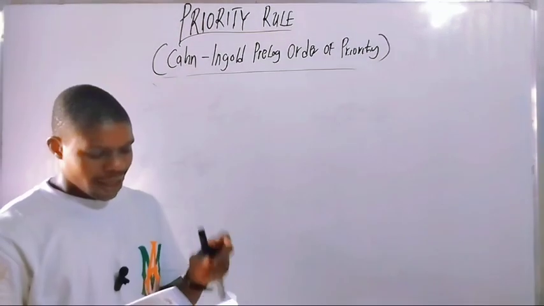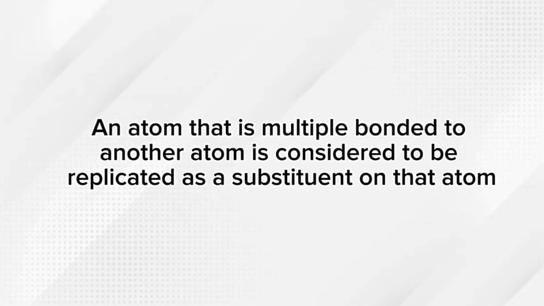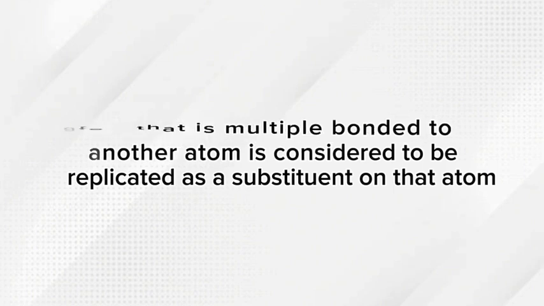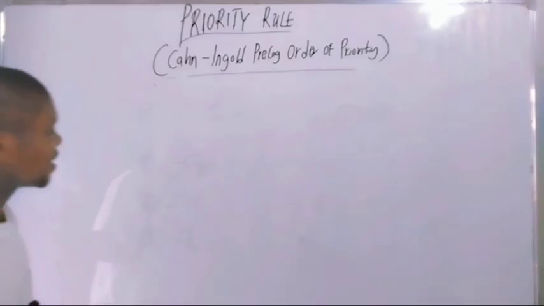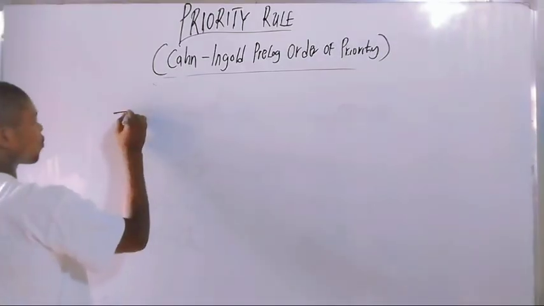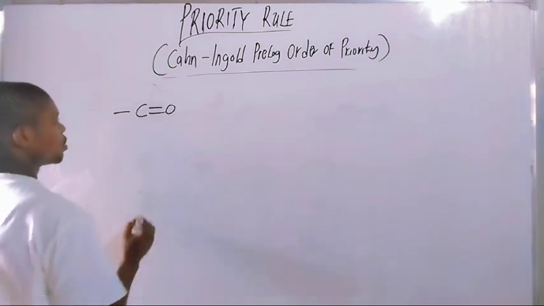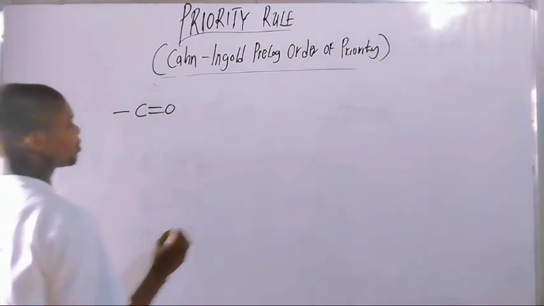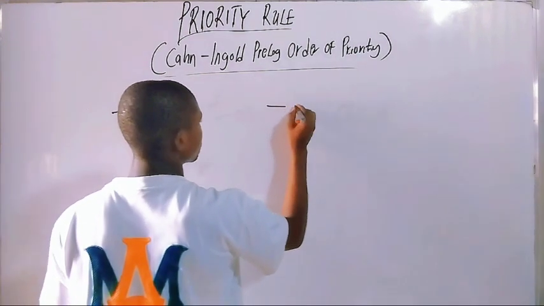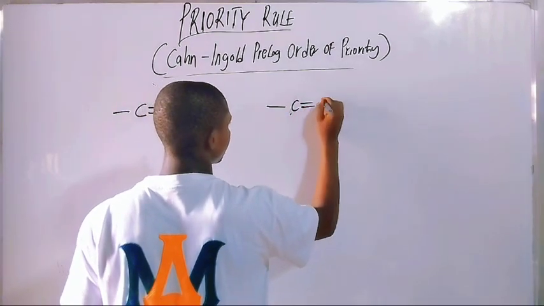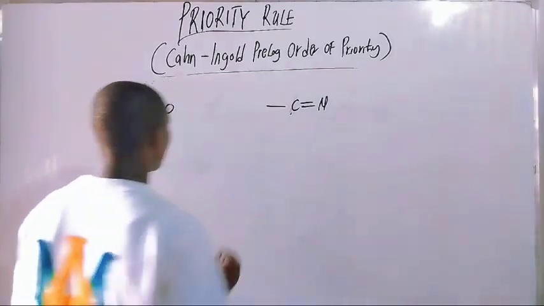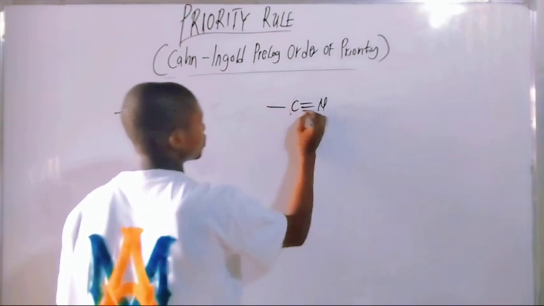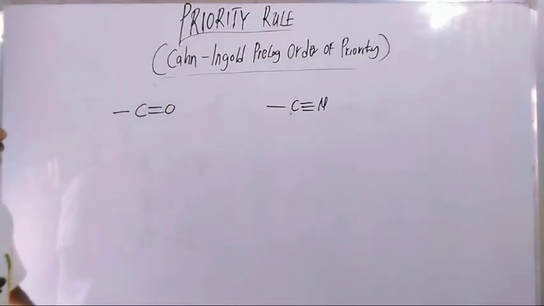An atom that is multiple bonded to another atom is considered to be replicated as a substituent on that atom. Now, let me explain this for you. If, for example, you have just an atom like this. Please look up here.